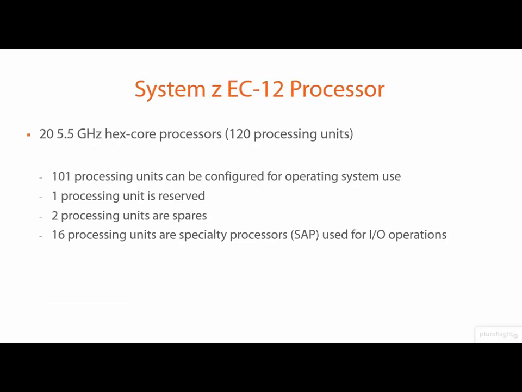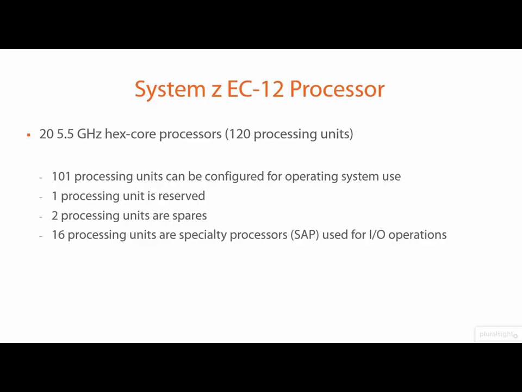So, with this as a backdrop, let's begin by examining the System Z processor itself, the EC12. The EC12 consists of 25 5.5 GHz hex core processors, or 120 processing units. Of the 120 processing units, 101 of them can be configured for use by the operating system to run work.